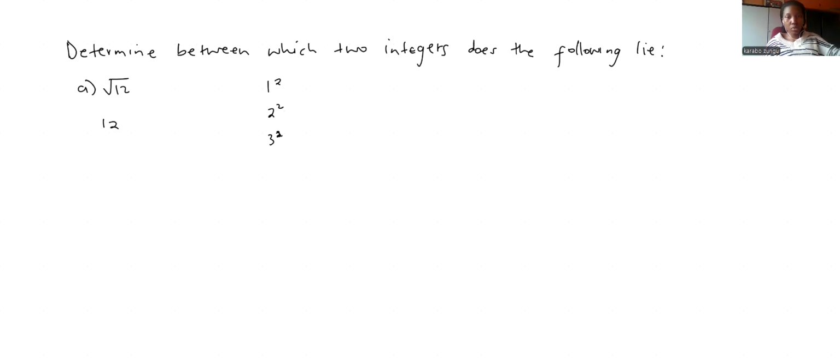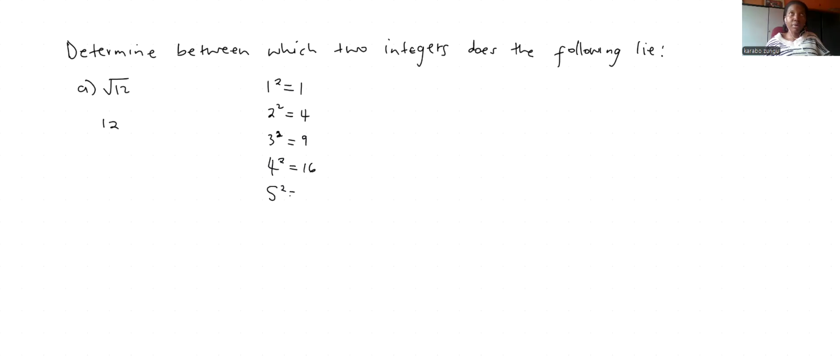So you can say the square root and the power 2 work together. Then the next one is 3 to the power 2, 4 to the power 2, 5 to the power 2, just like that. So 1 to the power 2 is 1, 2 to the power 2 is 4, 3 to the power 2 is 9, 4 to the power 2 is 16, and then this one is 25.